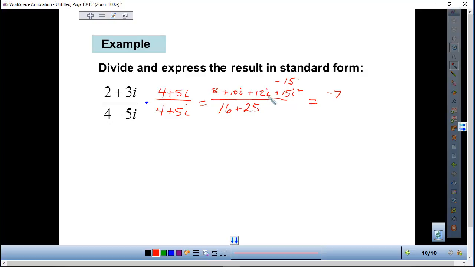And 10i plus 12i is 22i, over 16 plus 25, which is 41. And then we just divide that into both parts to get it in standard form. So negative 7 over 41 plus 22 over 41 i.